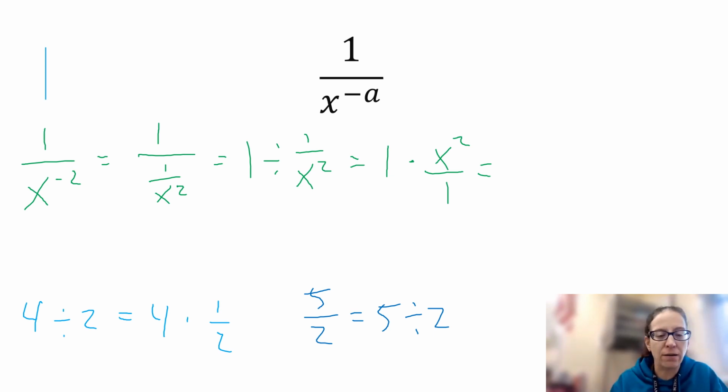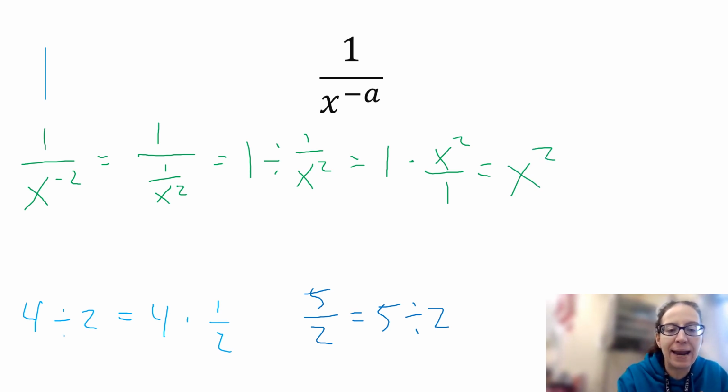Okay, so now this is going to come out really nice. 1 times x squared is just x squared, and x squared divided by 1 is x squared. You could also think of it this way: 1 divided by 1 cancels out. However you want to conceptualize that, that is just equal to x squared.